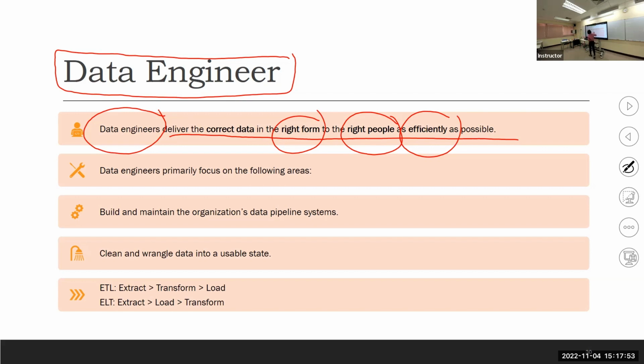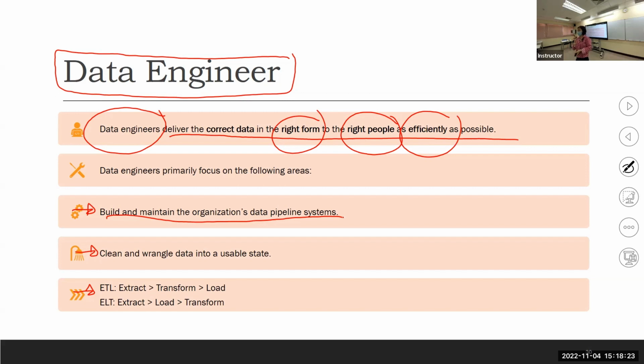Okay, so they are responsible for some of these processes too, such as building and maintaining data pipeline systems in enterprise systems. We want to avoid what is called a data silo.